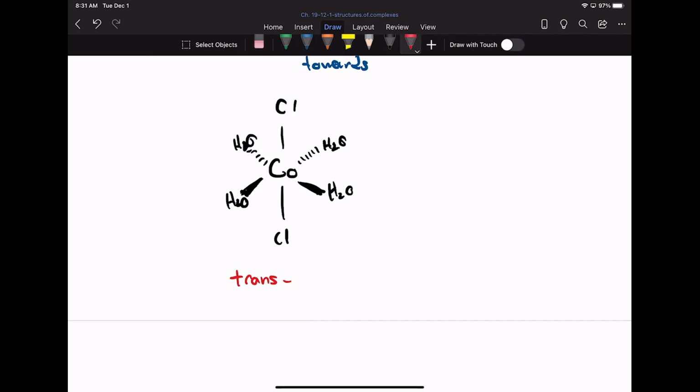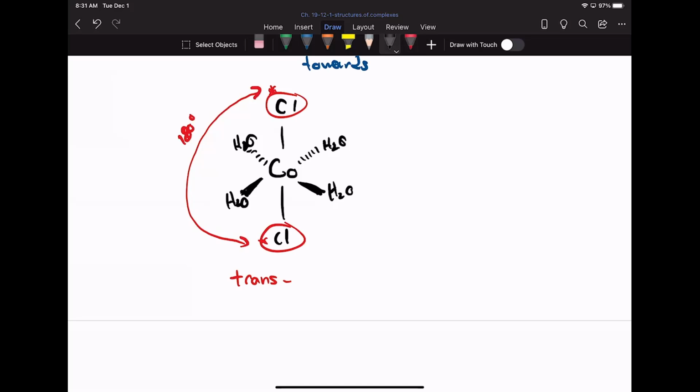And what's trans is these chlorines, trans meaning opposite, on the complete other end. So there's a 180-degree difference between this chlorine and this chlorine. They're 180 degrees opposite of each other.